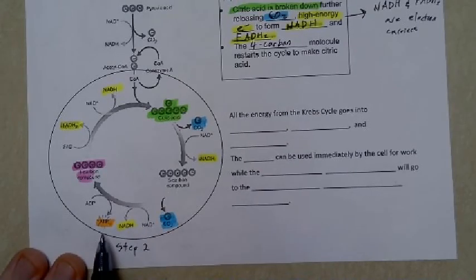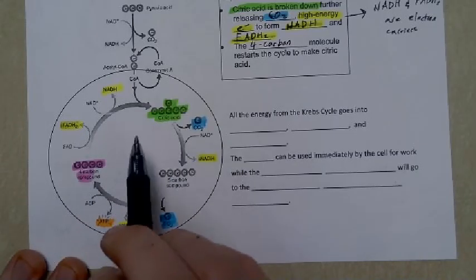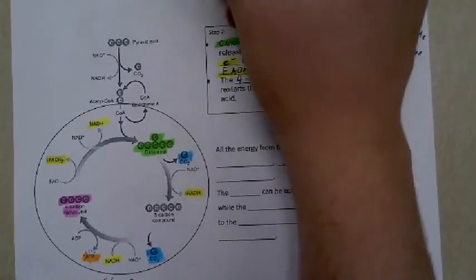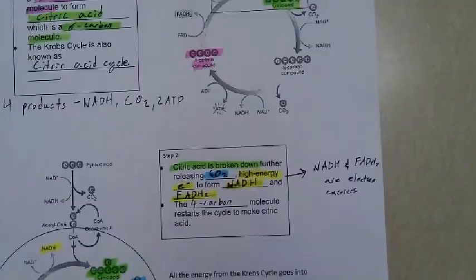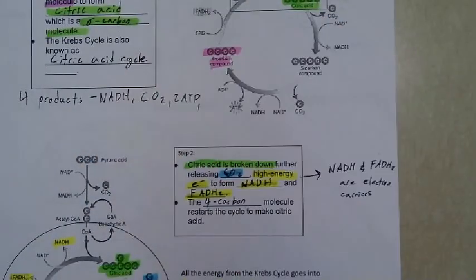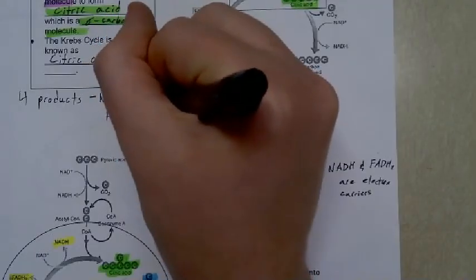I have made some ATP. Remember, we're going to do 1 ATP from this cycle, but I'm going to repeat the cycle twice for every single time I do glycolysis. So I'm going to get 2 ATP as my product up here. And then the other electron carrier that I've produced here is going to be FADH2.